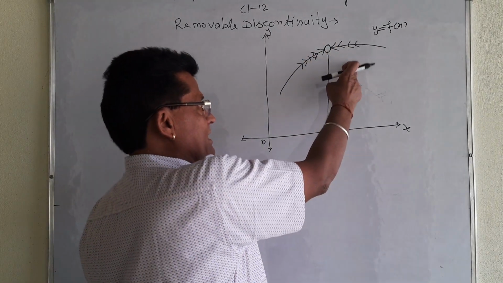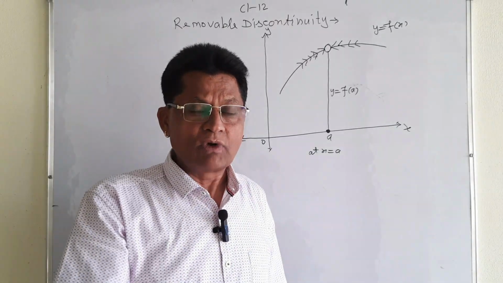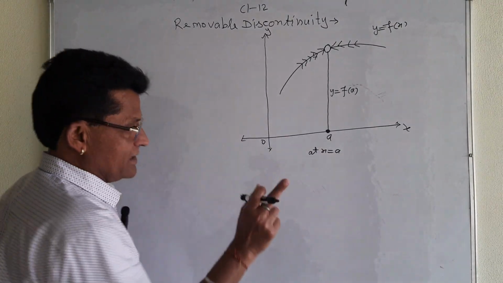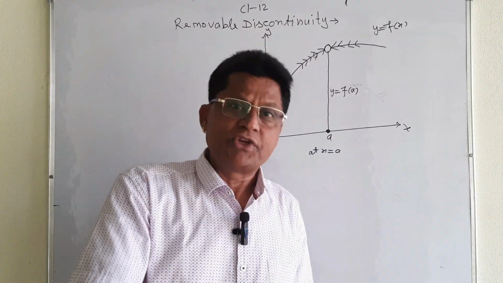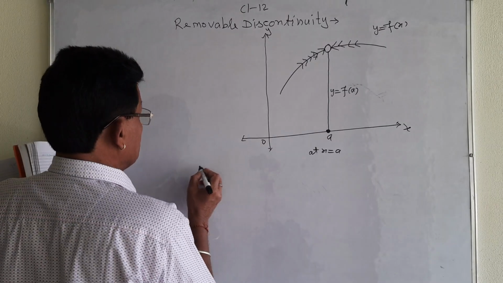The left limit and right limit of the function will be equal, but not equal to f(a). What is the meaning of f(a)? First of all, see the definition of continuity. How can you say that the function is continuous?